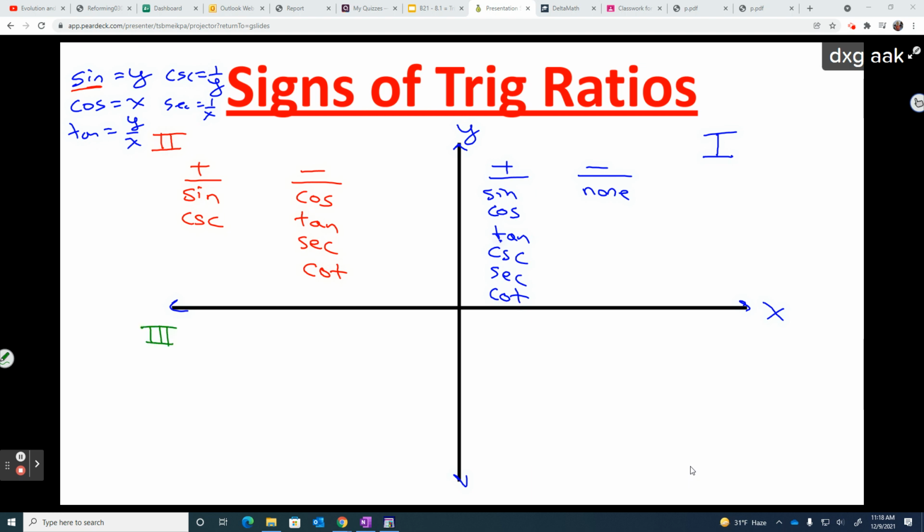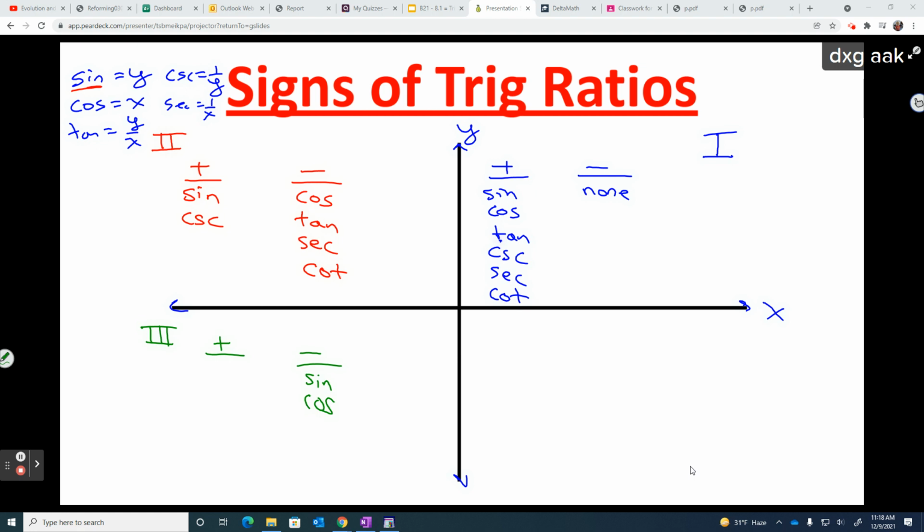Quadrant 3. Work our way down the list. Is sine positive or negative? Yeah, it's negative because this is negative x, negative y. So sine's negative. How about cosine? Yep, negative also, because this is negative x and negative y.